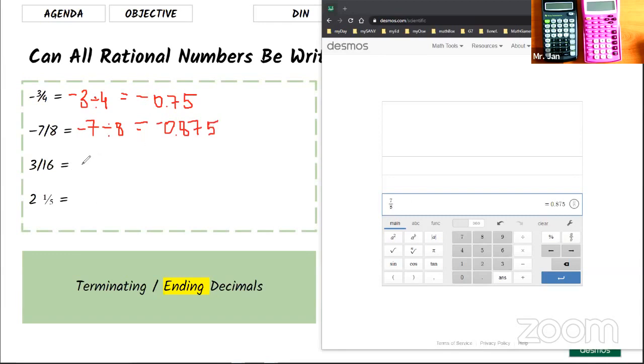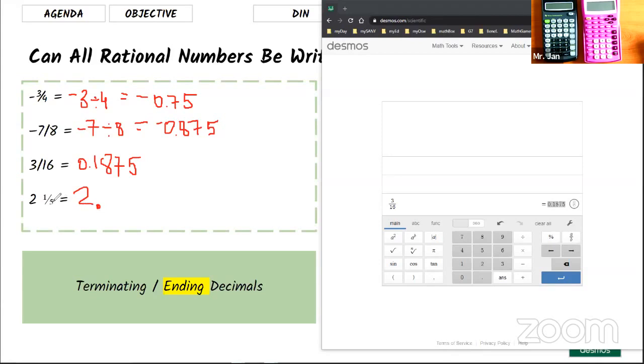I'm not going to write it the longest way now; let's go a little faster because we already know this. 3 divided by 16 converts to 0.1875. And the last one is a mixed number, 2 whole and 1/5. That's the easy way to convert.